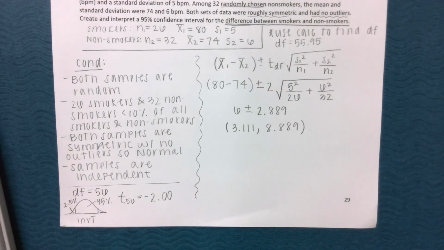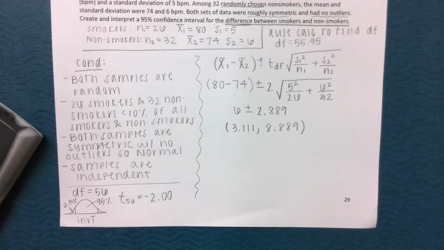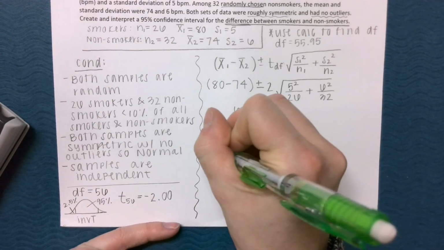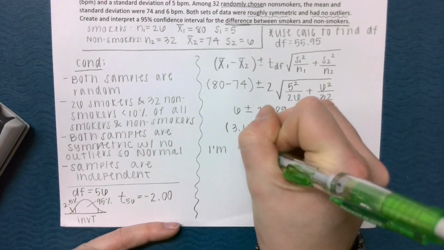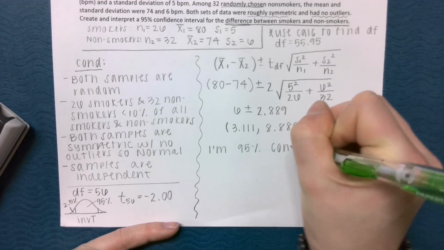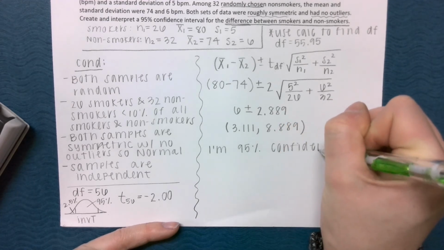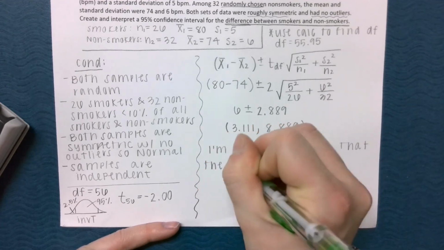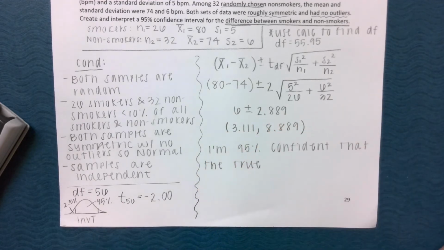Once we have our interval, we do want to write our interpretation, and we are going to do this the same way that we did for confidence intervals for two proportions. So I'm going to start off the same way, saying that I'm 95% confident that the true, now notice we're not looking at proportions anymore, we're looking at means or averages.